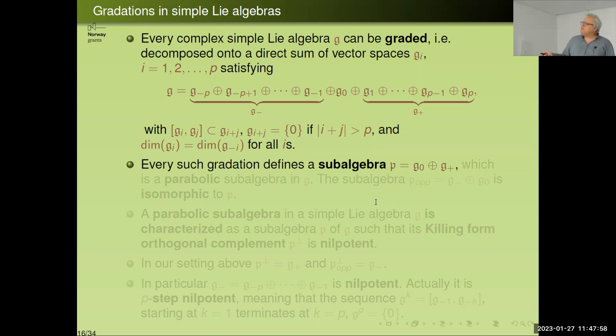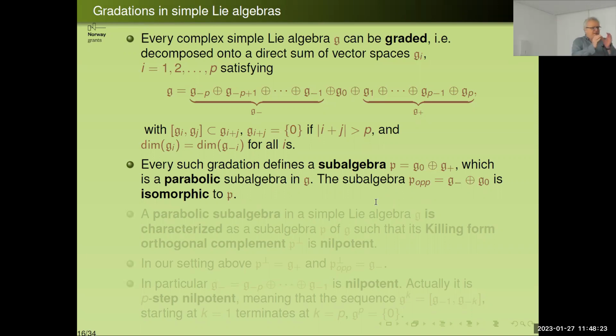This is called a parabolic subalgebra in this simple Lie algebra. Also you can see that G minus plus G0 is also a subalgebra, and it is also parabolic. It is called the opposite parabolic to this one, and it is isomorphic to this P.